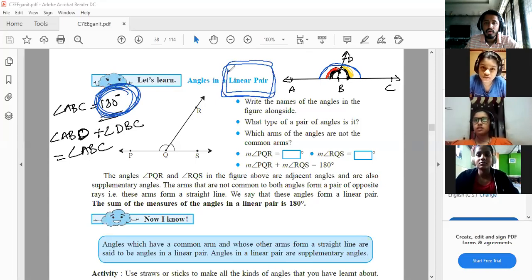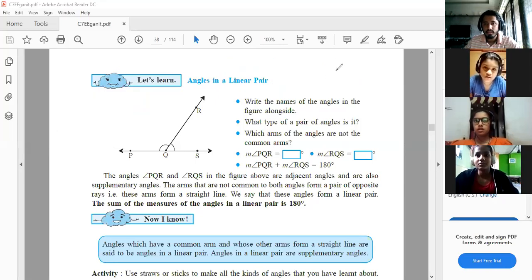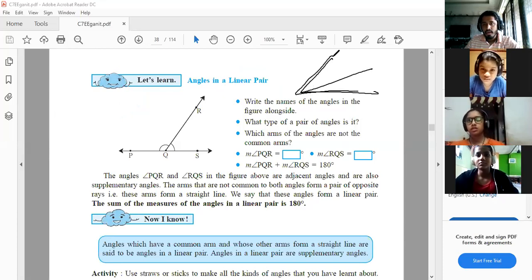What are those angles called? Angles forming a linear pair. Now suppose I'm drawing an angle like this, and I draw one more angle here. Is the measure of this angle 180? Yes or no?